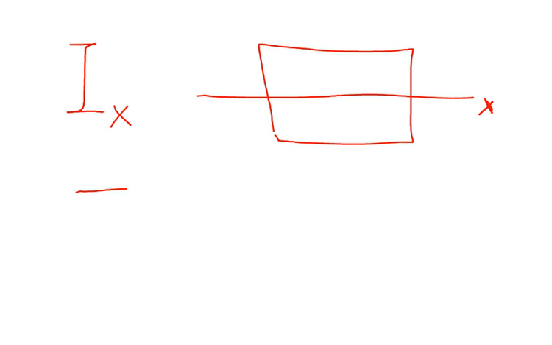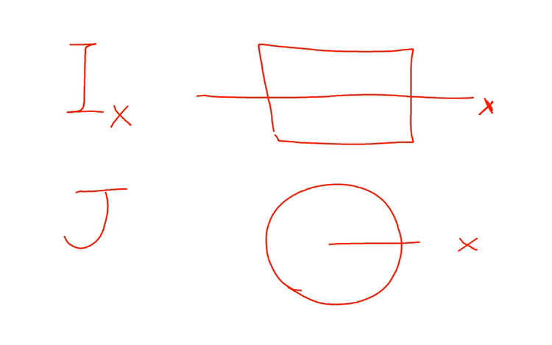J, or the polar moment of inertia of a circle, would be the resistance that you get when you try to rotate this circle about the axis that passes perpendicular to the surface. So if I made this the x-axis and that the y-axis, then the polar moment is the resistance that I get when I rotate the circle about the z-axis.